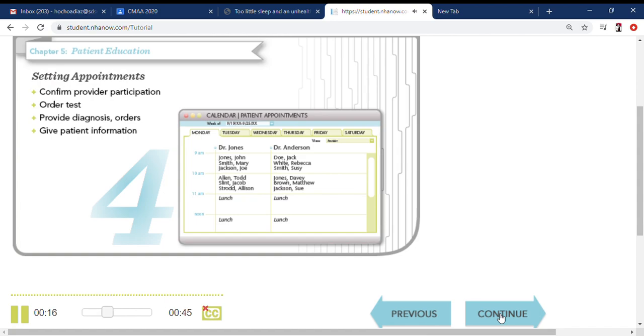Order the test, provide the patient's diagnosis and orders, establish the date and time for the procedure, give the patient's name, age, address, and telephone number, provide the patient's demographic information, including identification and insurance policy numbers, as well as addresses for filing claims, determine any special instructions for the patient or special anesthesia requirements, notify the facility of any urgency for test results.